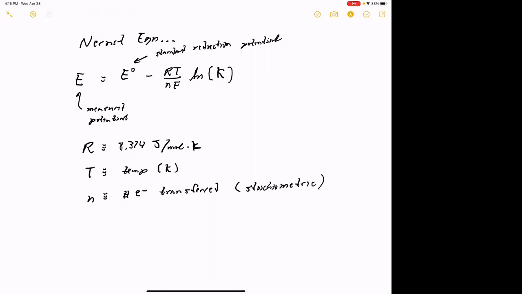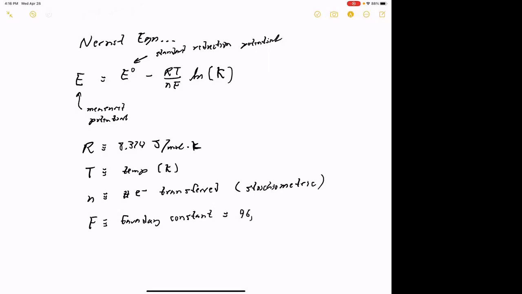So for example, if I look at a given half reaction, I look at the coefficient in front of the electron, whether it's 1 or 2 or 3 or whatever, that's what n is. F is a constant called the Faraday constant. It's kind of interesting. I'll mention it here in just a moment. And here's what it's equal to.